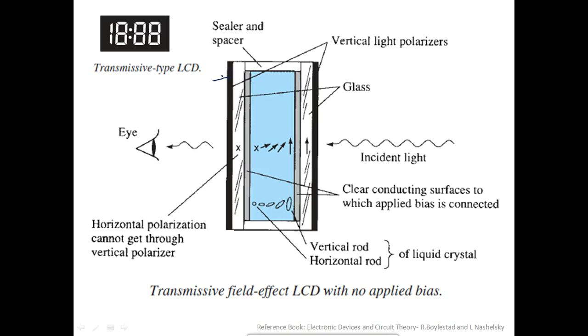At the outer side, on the left hand and right hand side, we have 2 vertical light polarizers. Now, what do you mean by polarization? Polarization is a phenomenon associated with light. If we are trying to extract the various components of the light, then we call it polarization. For example, light always consists of a vertical component and a horizontal component.